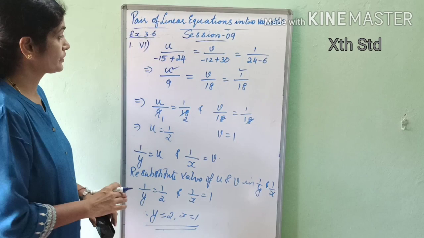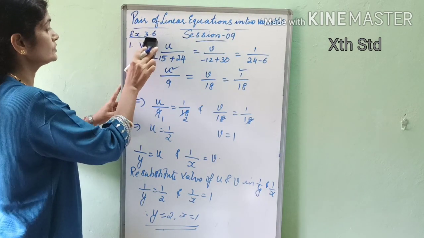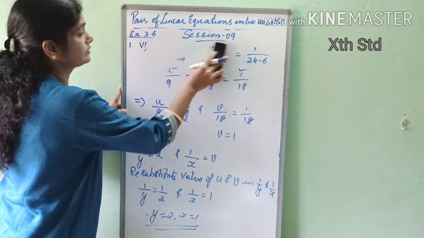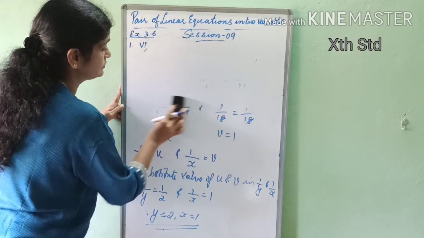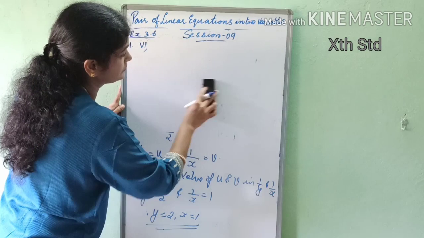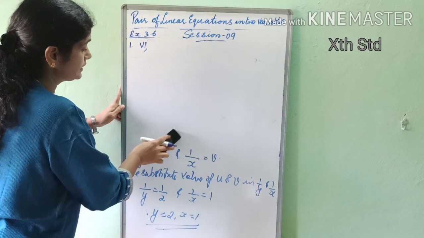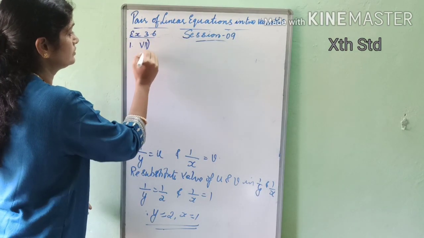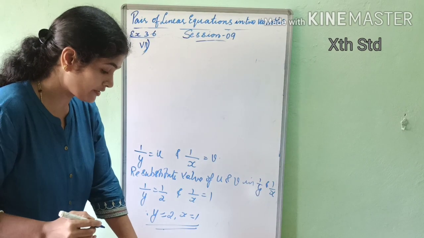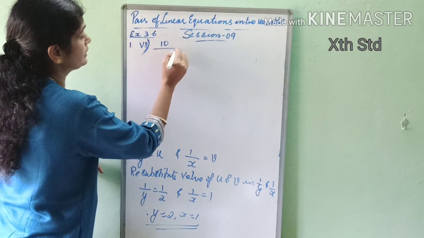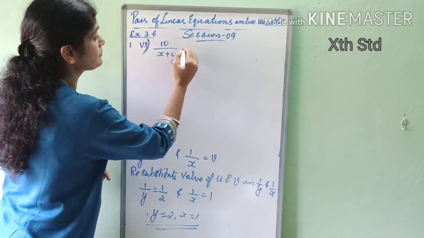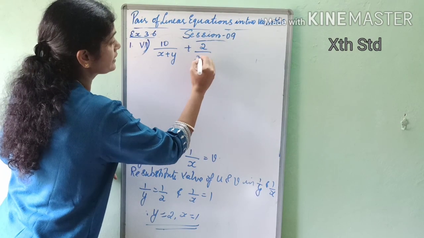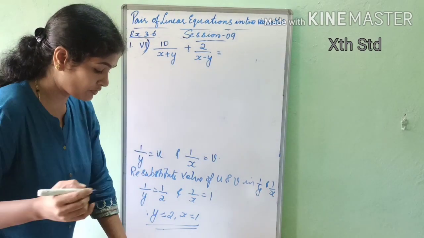Sixth question done. Then, seeing the next one, the seventh part. What does that seventh one say? It is 10 by x plus y plus 2 by x minus y is equal to 4.